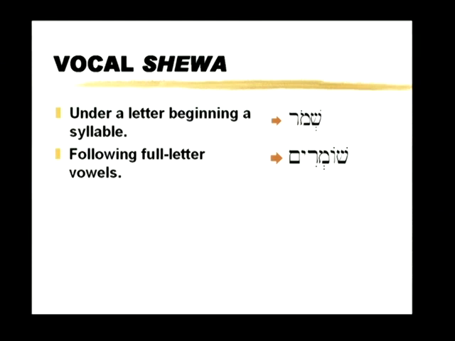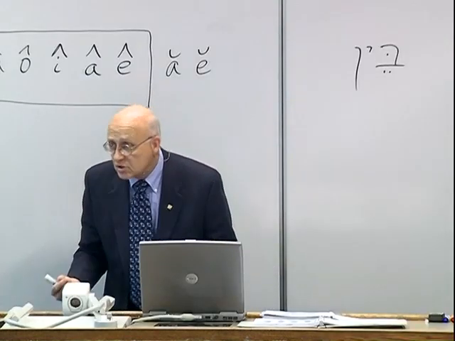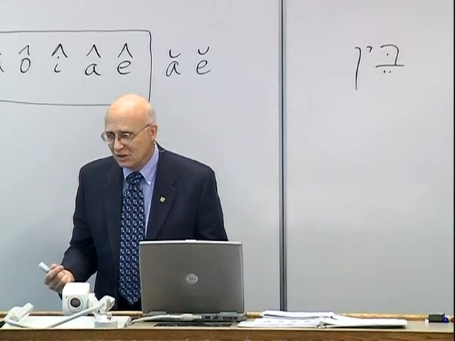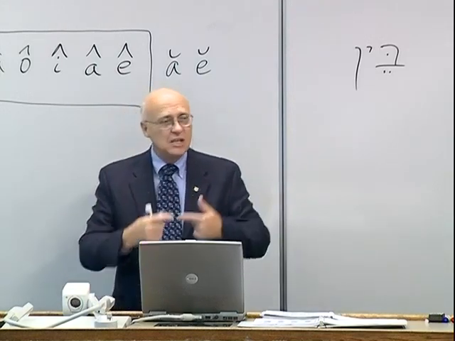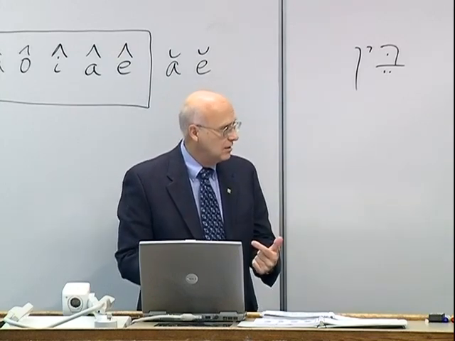Now there are a few situations where they get closed, like in the word between, bain. Bain is a tsere yod, full letter vowel, in a closed syllable. But it's the only syllable, you see. If it's internal to the word, it resists that closing.